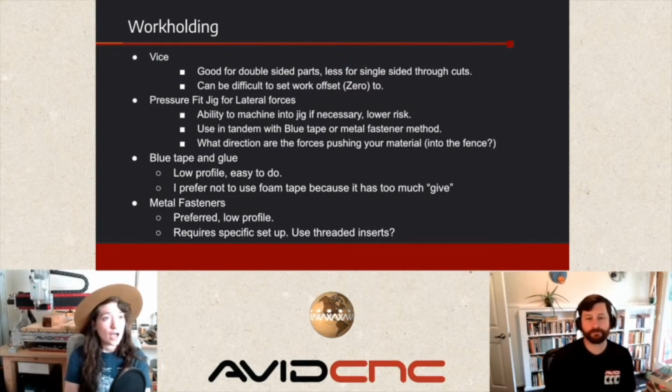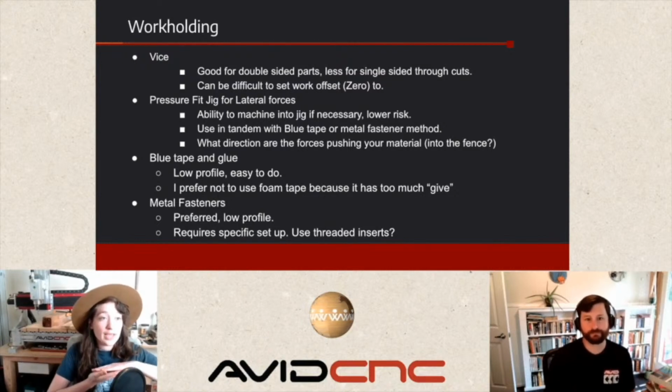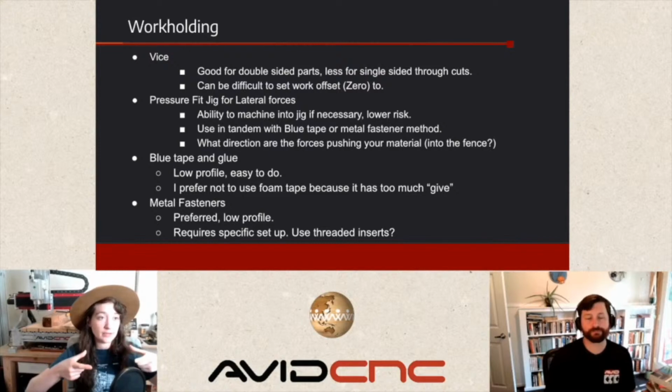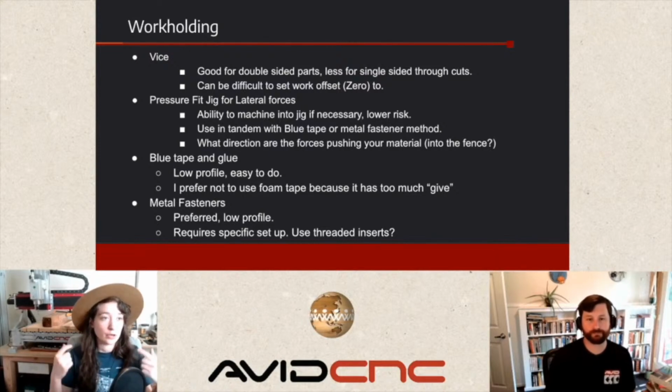Other work holding options are a simple blue tape on the bottom side of your material, and blue tape on your spoil board or your pressure fit jig if you happen to have a little pocket recess for your brass or your aluminum to sit in. Blue tape and super glue or another kind of adhesive can definitely work.